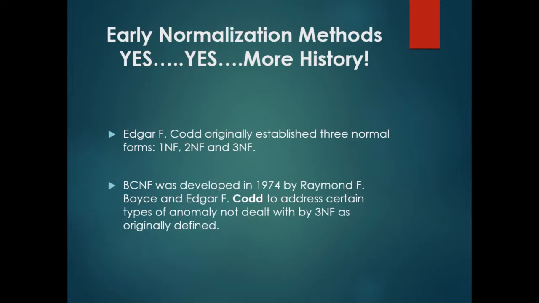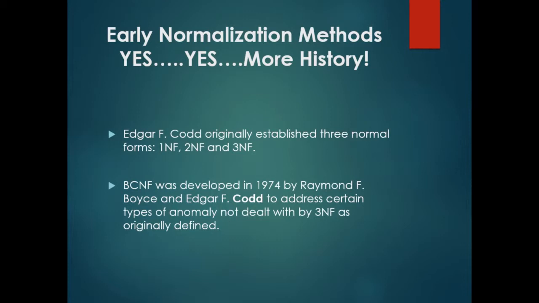And that is considered normal form 3.5. Edgar Codd originally established 3 normal forms: 1NF, first normal form, 2NF, second normal form, and 3NF. And then again in 1974, a 3.5 normal form was presented called the BCNF.